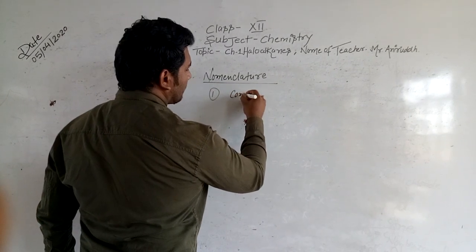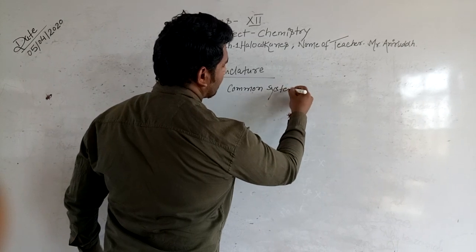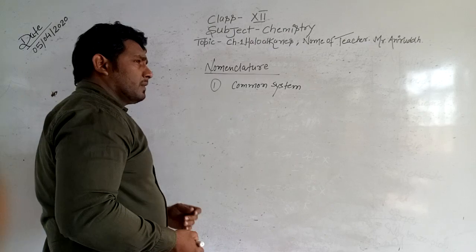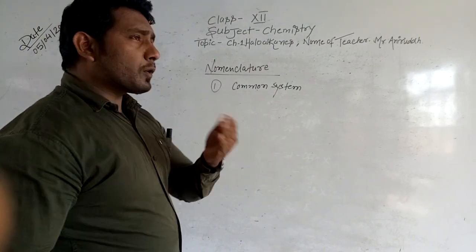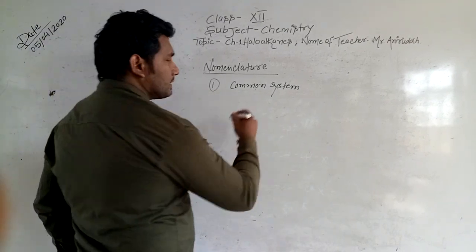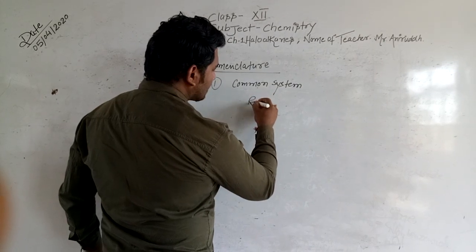The first one is called the common system. What about the common system? The common system just uses the names of the groups present in that particular compound, so as it is, we will write. Suppose RX is given.